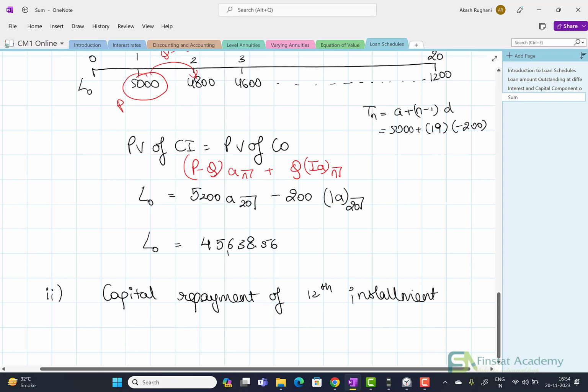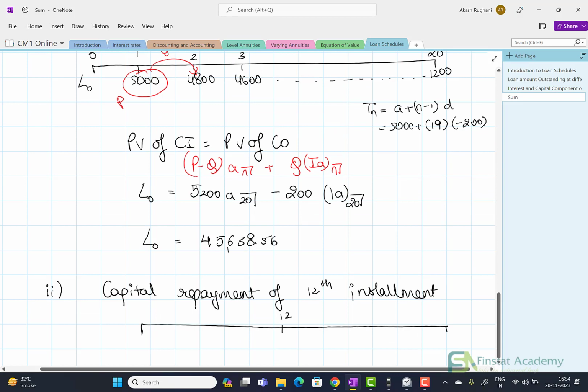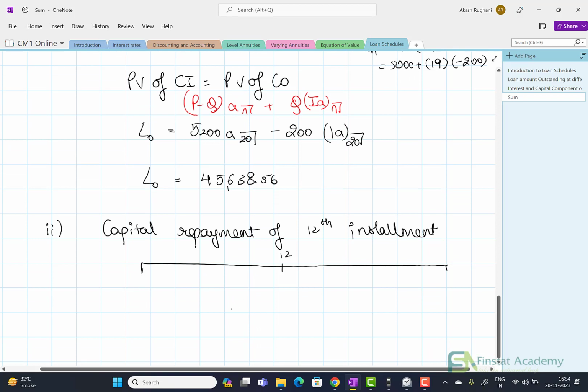Now since it is arrears, this 12th installment will come at time 12. Now ideally, if the earlier sub-question had said 12th, I could have directly found it because the installment was constant, of 369 odd. Here the 12th installment will not be 5,000. It will be different, right? So first I have to find the 12th installment. Again I use the formula for the AP, A plus (n minus 1)D.